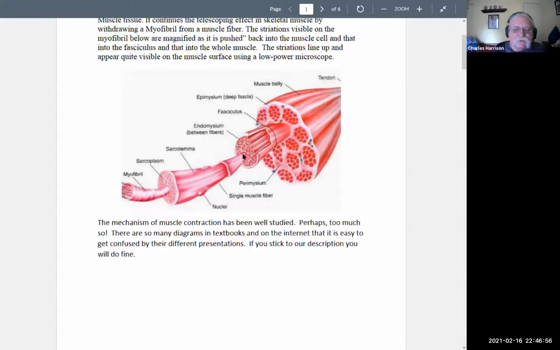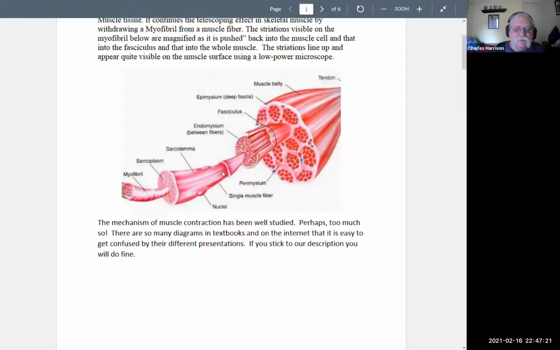If we could take a single muscle cell, any one of these inside of the fasciculus, and pull it out like we're doing here, this would be a single muscle cell or a single muscle fiber being pulled out.